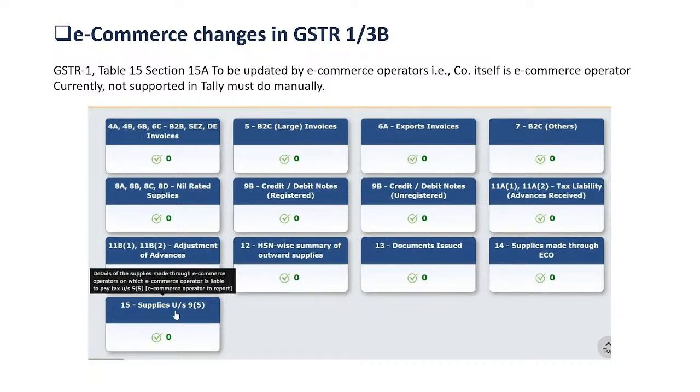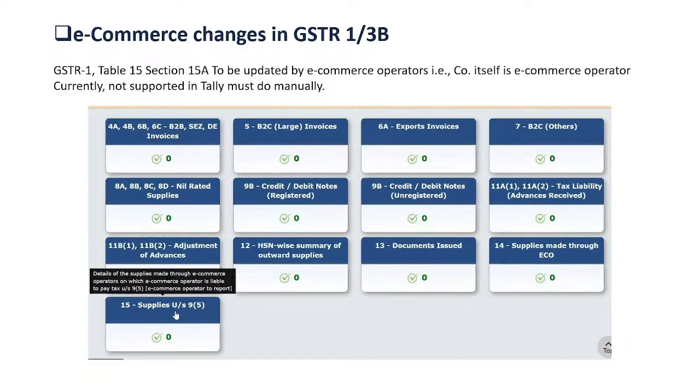Today, as a company running e-commerce operations, a registration type is not available in Tally, so this also has to be updated manually. So these are the updates with respect to table 14 and 15.